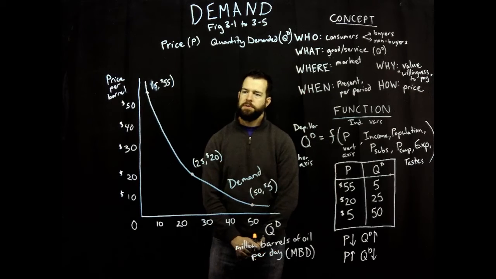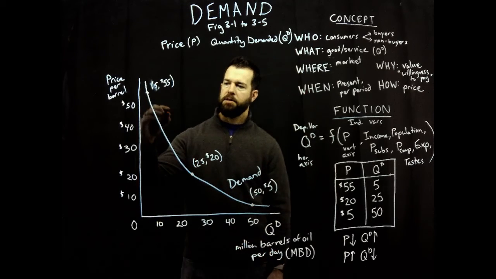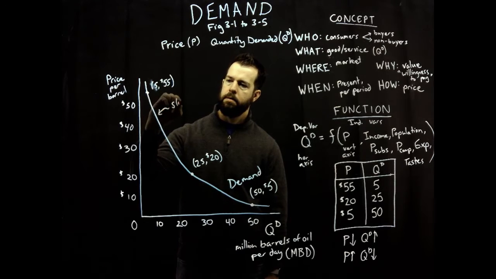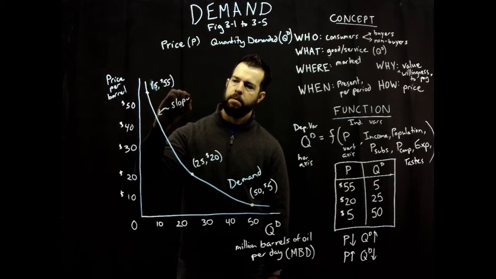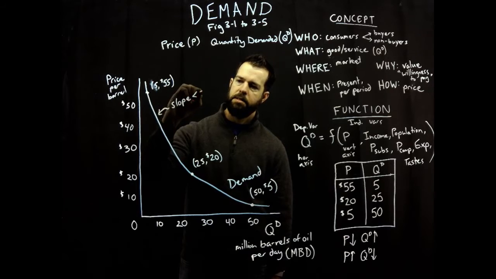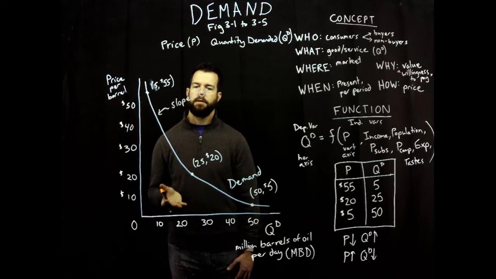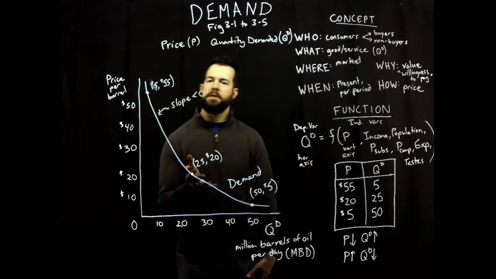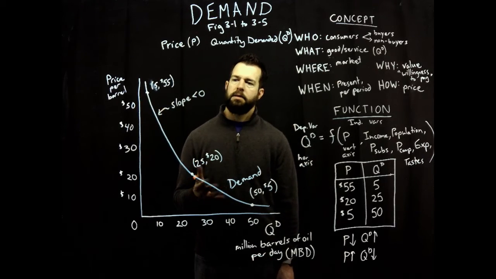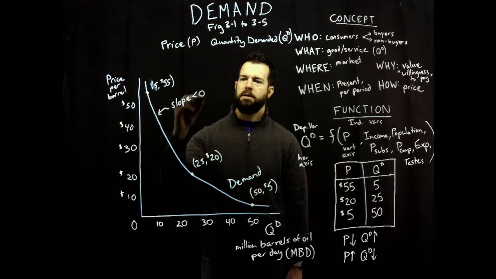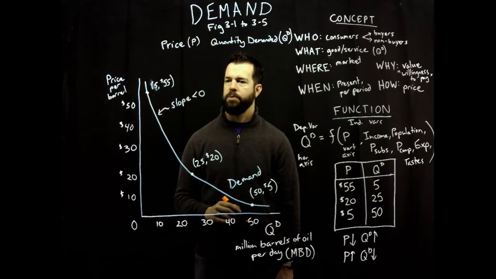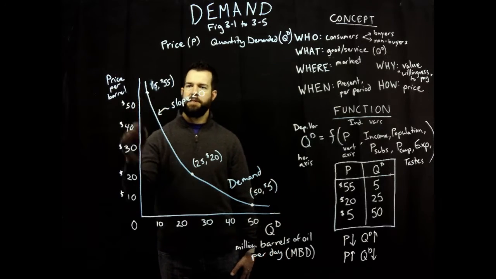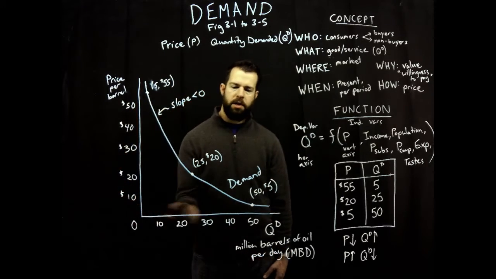So this shows that the slope of this curve is less than 0 at any point along here. Okay, so it doesn't matter if this line is straight or curved, the slope is always negative. Okay, and so this represents our law of demand. Okay, and it shows that as the price goes down, the quantity demanded increases.